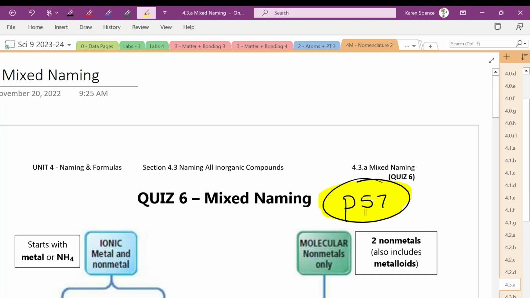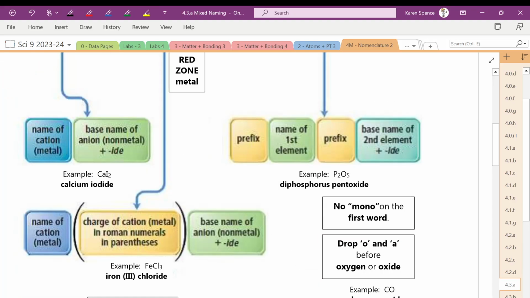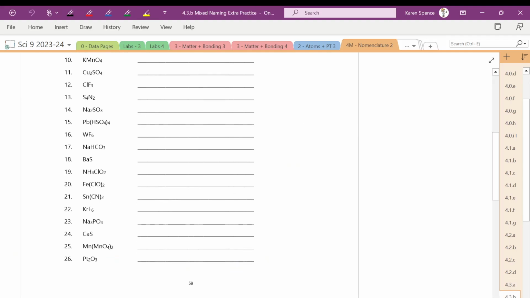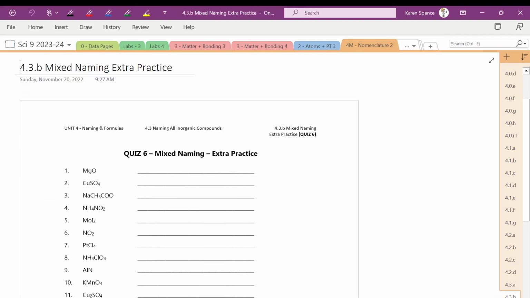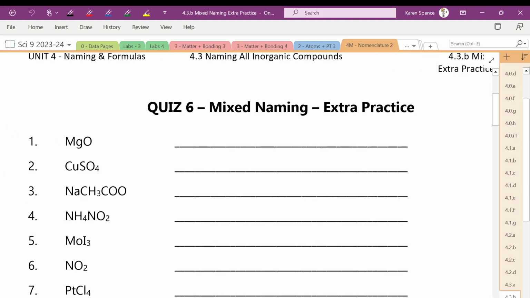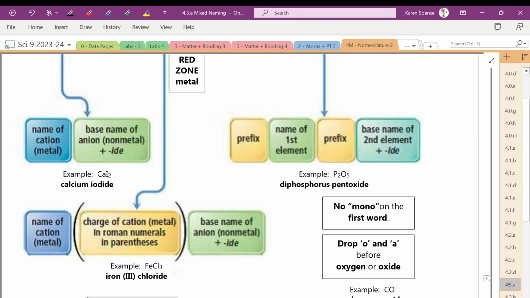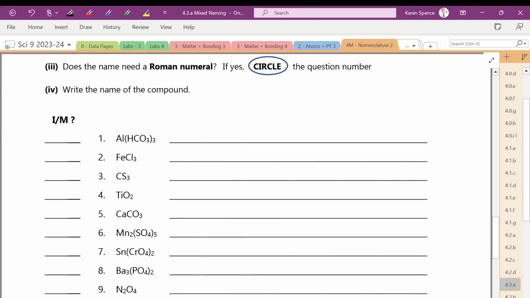So if you have finished quiz number 5, this is what you're going to be working on for homework tonight. You're going to be taking a look at page 58.